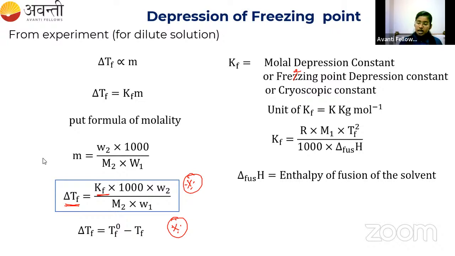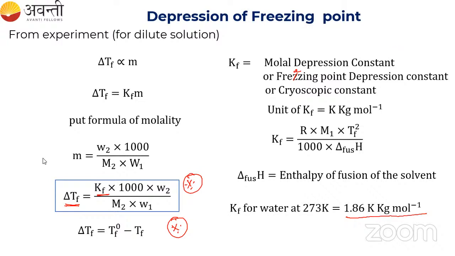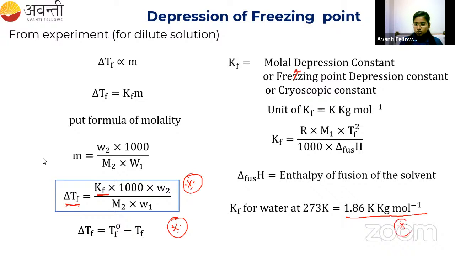And like Kb, we have the Kf value for water at 273 Kelvin as 1.86 Kelvin kilogram per mole. Again, I'm saying you have to memorize the value of Kf for water at 273 Kelvin. 273 means it is 0 degrees Celsius. So Kf for water at 0 degrees Celsius is 1.86 Kelvin kilogram per mole.